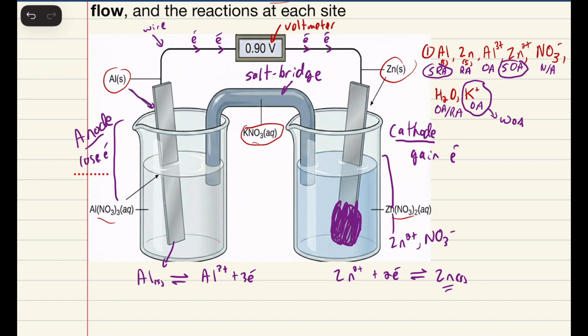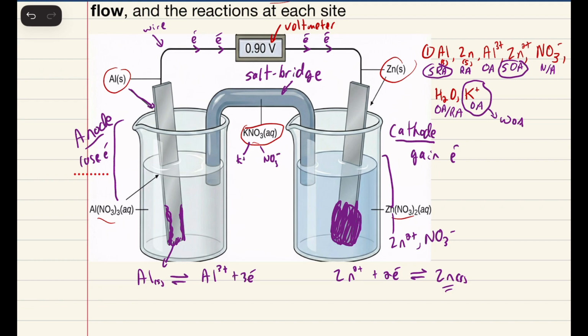And then as the aluminum solid deteriorates into aluminum 3+ in the solution, you would assume that this electrode would be chipped away, or a bit thinner. And then finally, for the salt bridge, you have K+ and you have NO3-.